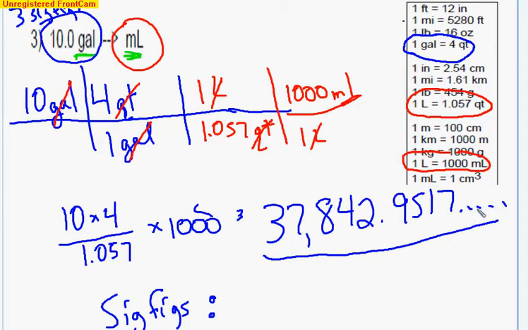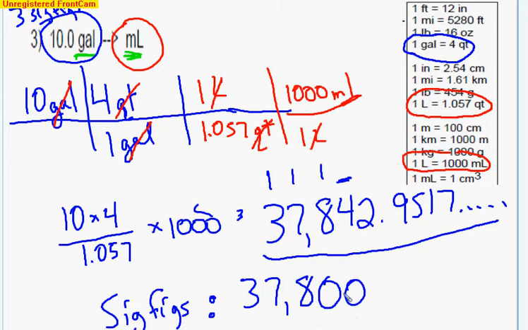So I need to count this into 3 sig figs. I start at the very beginning. We have 1, 2, 3. So I look at the 4. The 4 is less than 5, so I'm going to leave it at that. So I know I have 378. And then I don't want to include these as numbers, but I do want them to be the placeholders, so I'm going to make them zeros.